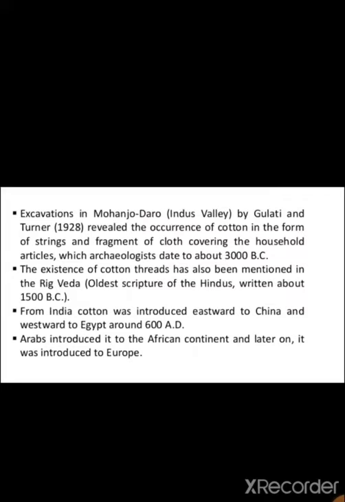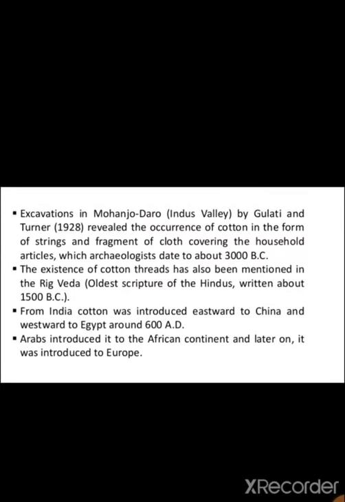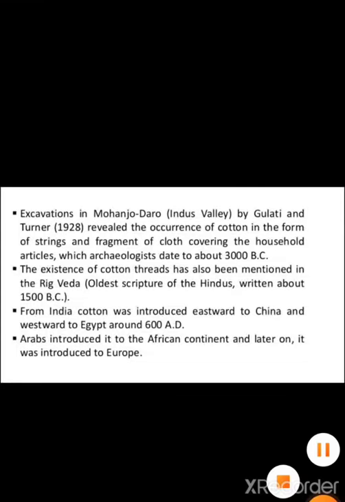The existence of cotton threads has also been mentioned in the Rig Veda. From India, cotton was introduced eastward to China and westward to Egypt around 6600 AD. Arabs introduced it to the African continent and later on it was introduced to Europe.